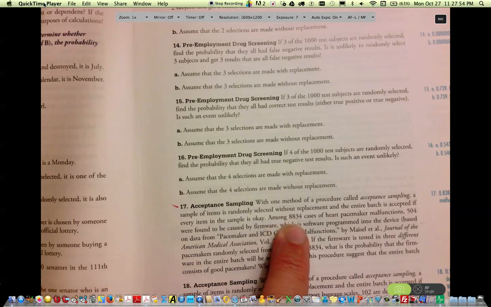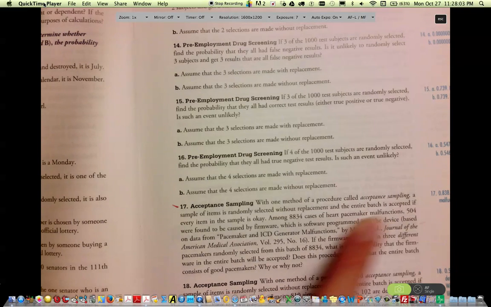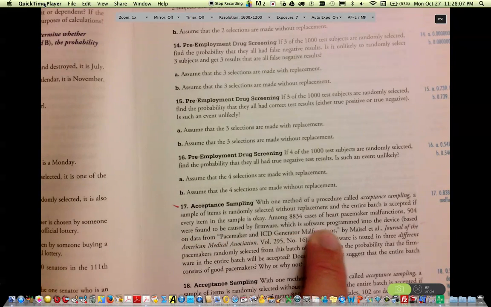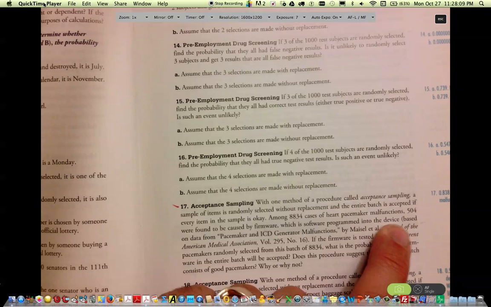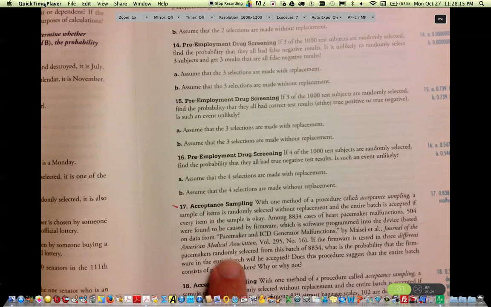Okay, so among the 8,834 cases of heart pacer malfunctions, 504 were found to be caused by firmware, which is the software programmed into the device. So 504 out of the 8,834 are because of this problem with the software.